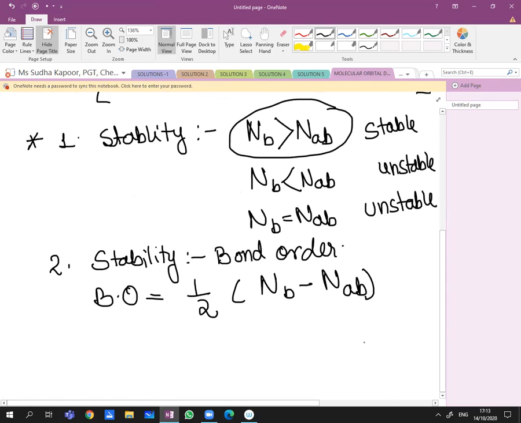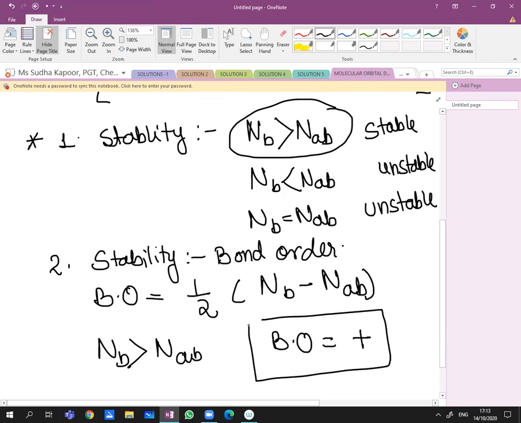If bonding electrons are greater than anti-bonding electrons, the bond order is positive. If it comes out negative or zero, then it cannot be stable. So for stability, the bond order should always be positive.